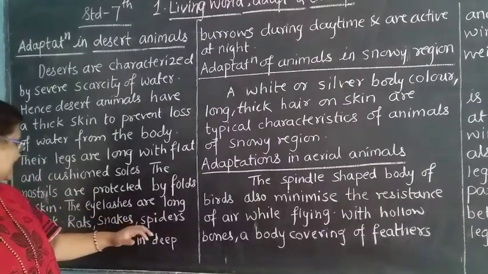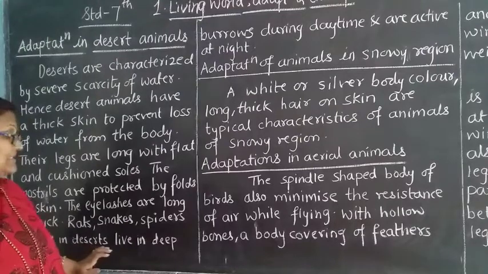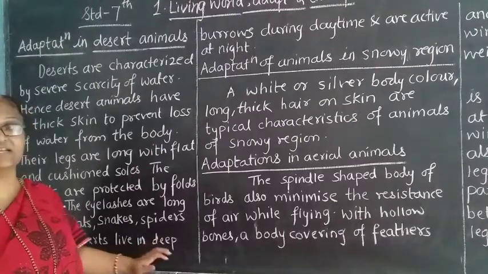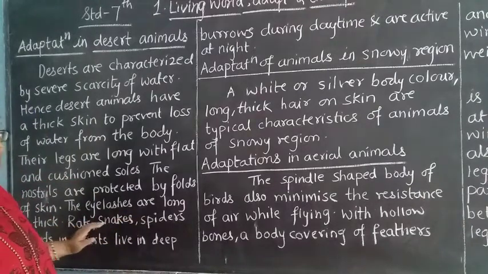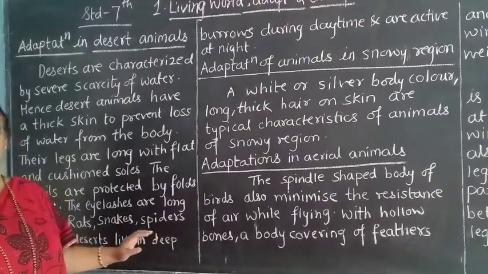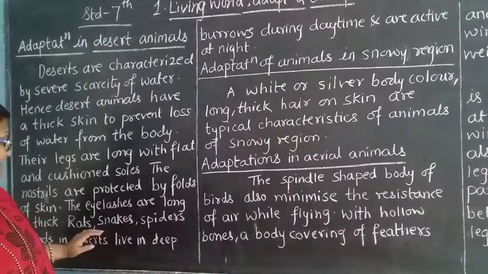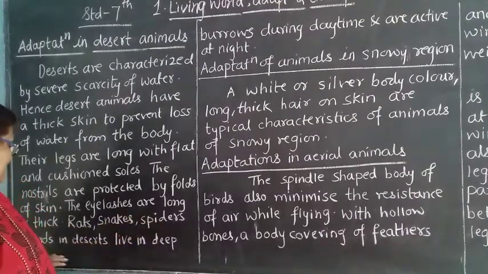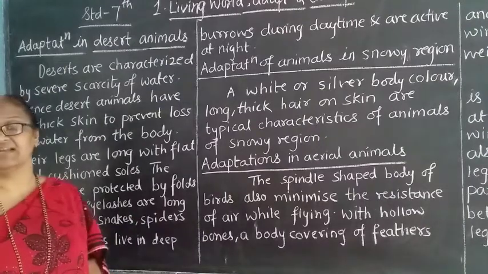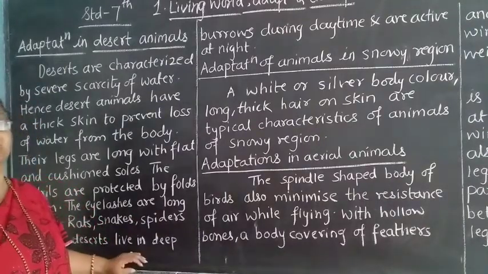Rats, snakes, spiders, lizards in the desert live in deep burrows. These are the animals which are living in the desert. Which are they? See here, rats, snakes, spiders, lizards. These all are living in the desert region.